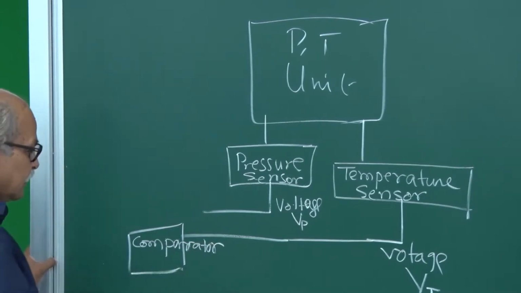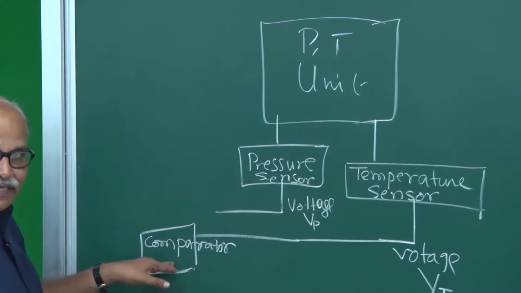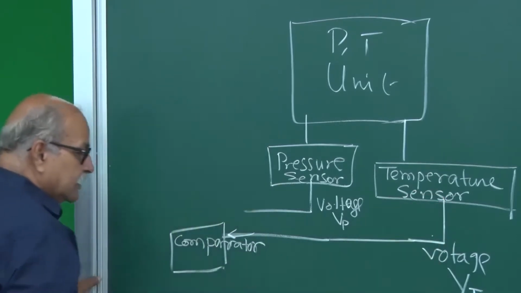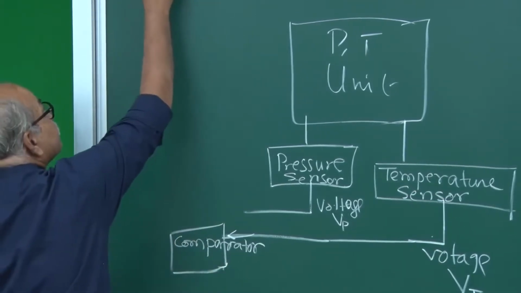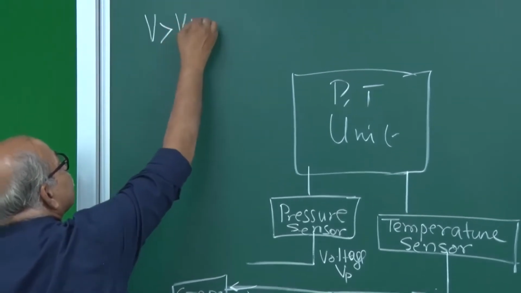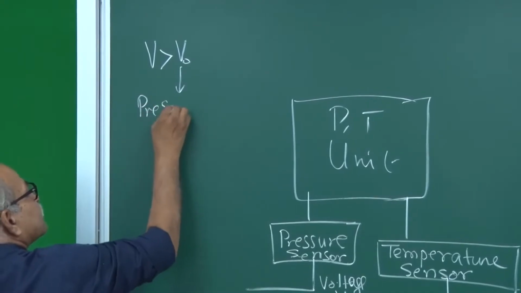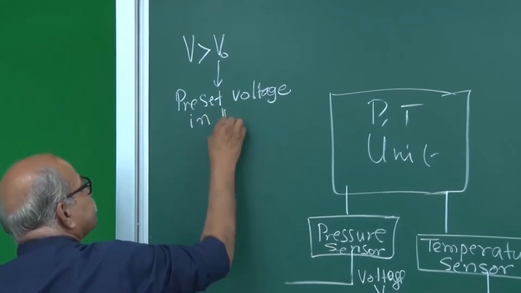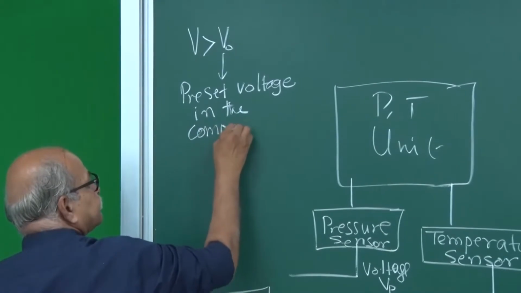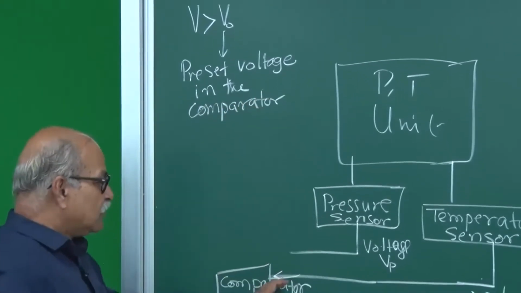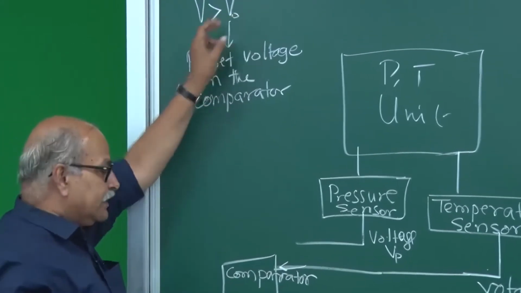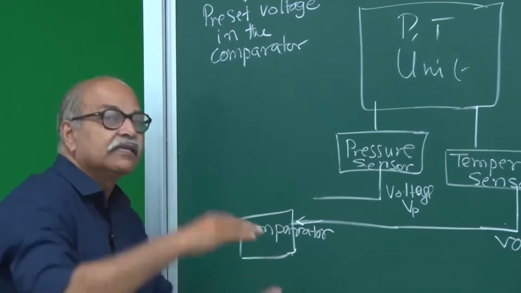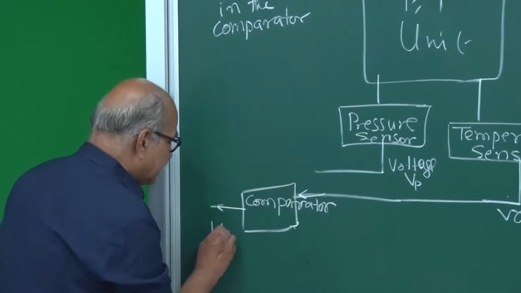This comparator circuit has some predefined voltage set, and this input voltage which is coming from the sensor, if that is greater than this predefined voltage, this preset voltage in the comparator circuit, it gives me an output which has a high and fixed value, let us say 3 volts. So, it gives me a 3 volt value which I will call high.